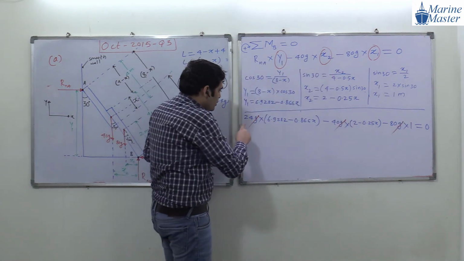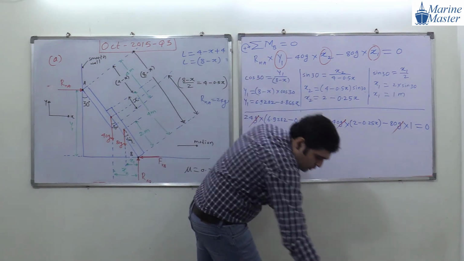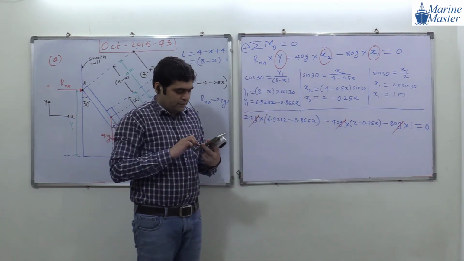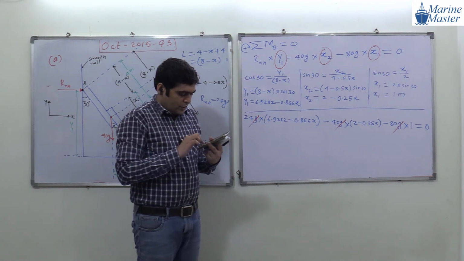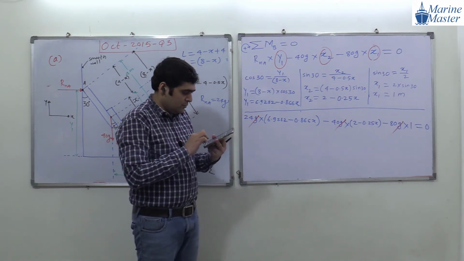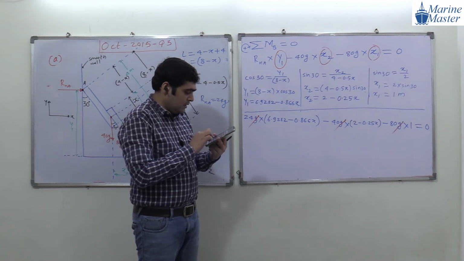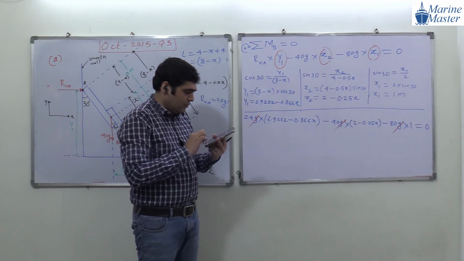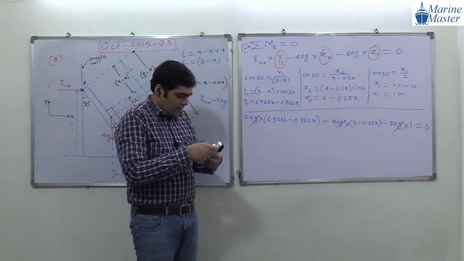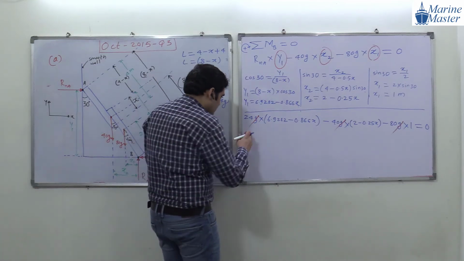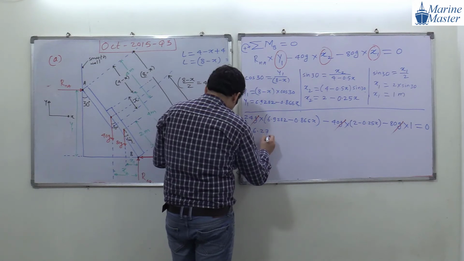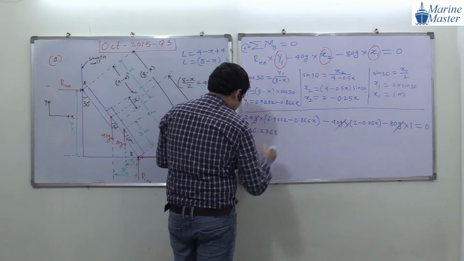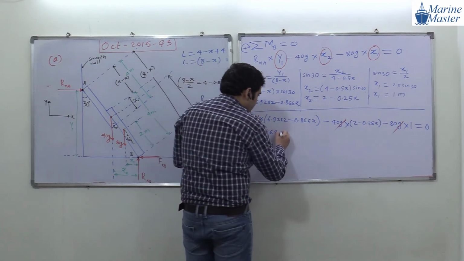Now 24 into 6.9282. Everyone, please check it. 24 into 6.9282, how much, guys? 166.2768, minus.